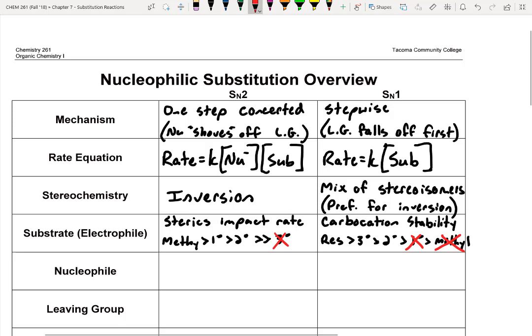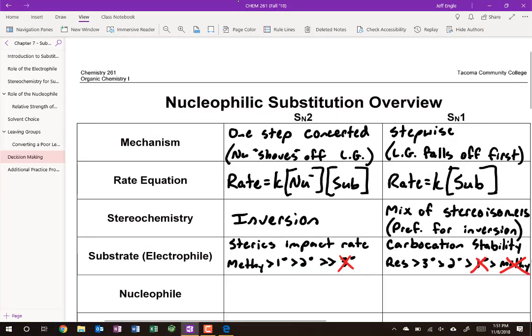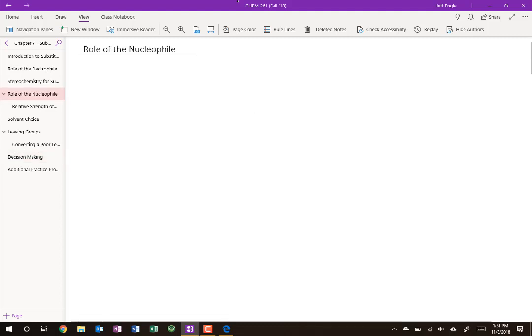All right, so now what we need to do is start exploring the nucleophile. If you've noticed, all of the nucleophiles I've been using, I've just been writing Nu. That's not a real thing. We've got to be a little bit more clear. All right. So the role of the nucleophile does get confusing, but you've got to bear with me.